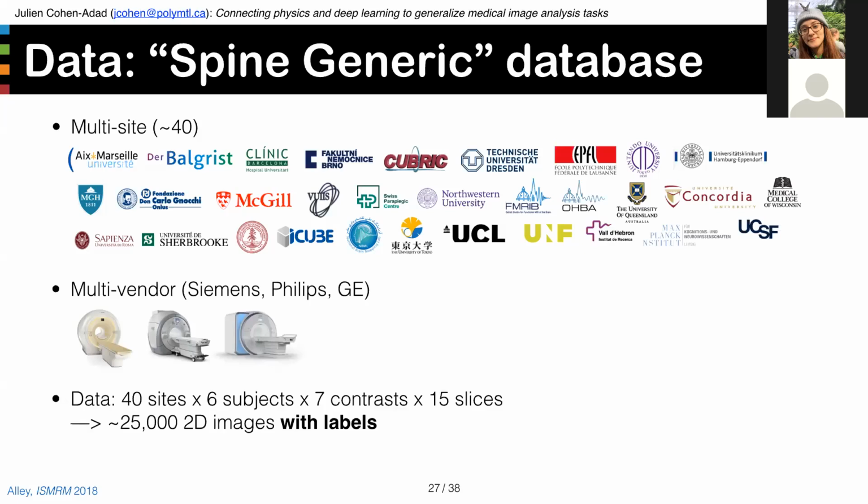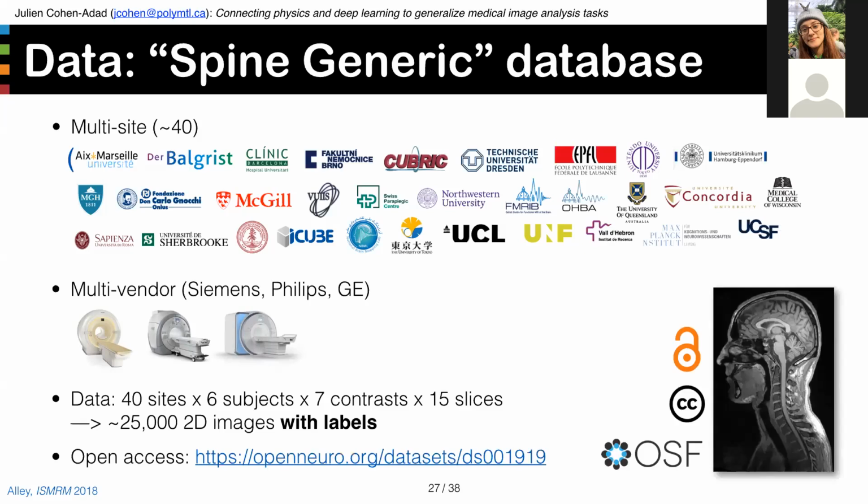Each of these sites acquired data in 6 subjects, so 3 males and 3 females, 7 contrasts, 15 slices. So we ended up with about 25,000 2D images with labels. And the good news is that this data is open access. So you can click on this link, and then you get 25K of MRI data with the labels.